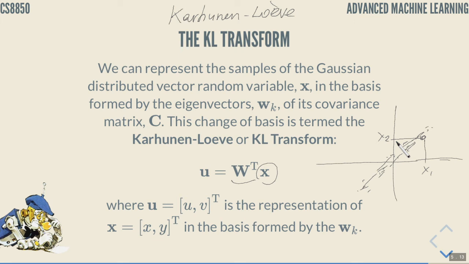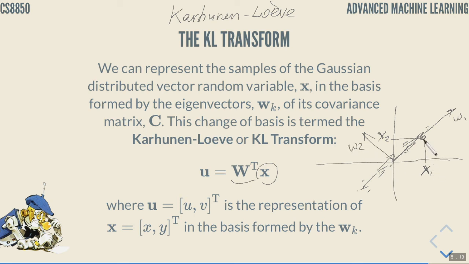If we project it into the basis of the eigenvectors of the covariance matrix of these samples, then we will have a large w1 and close to 0 w2.